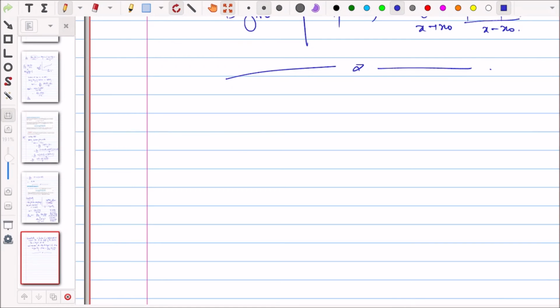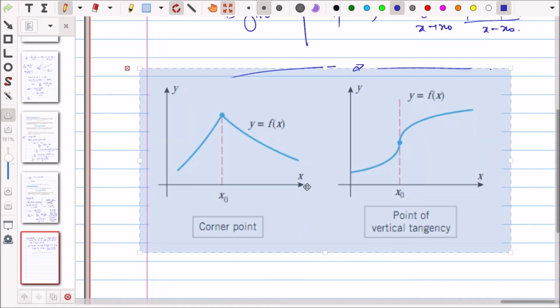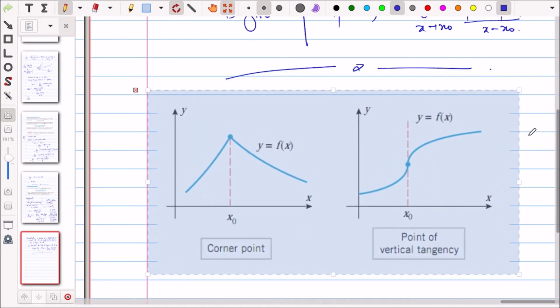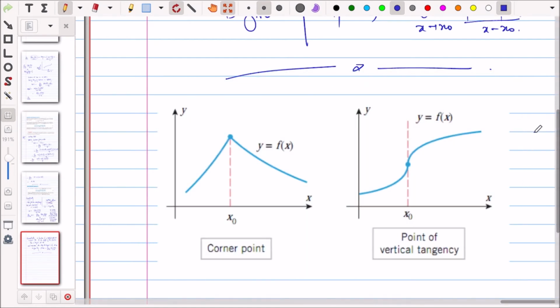Now let us see some situations. Okay, let us see some situations. Let me take some function. Consider these two functions. ठीक है, ये क्या हो रहा है इसमें, ये x नॉट है, यहाँ पे.